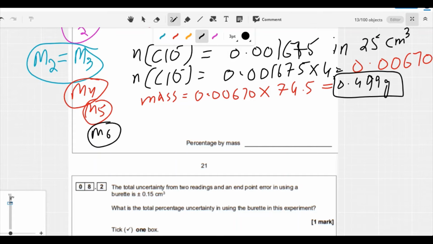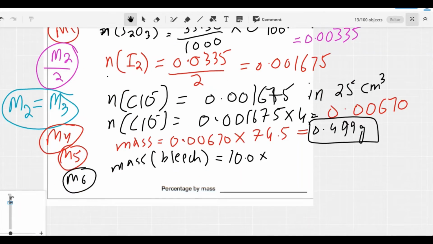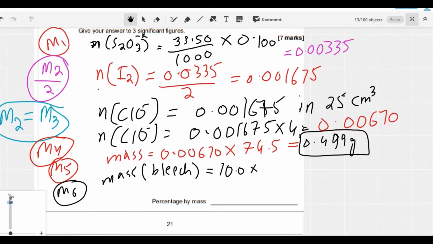So mass, here I am going to indicate that is bleach, will equal the volume, 10, times the density, which is 1.20.